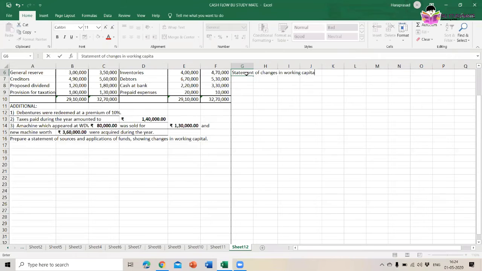Okay, first here, what items will come? Current assets and current liabilities. Okay, write down this.